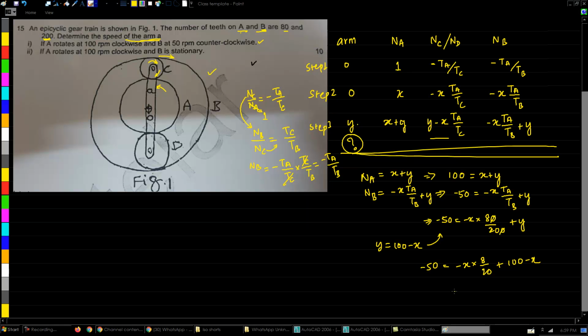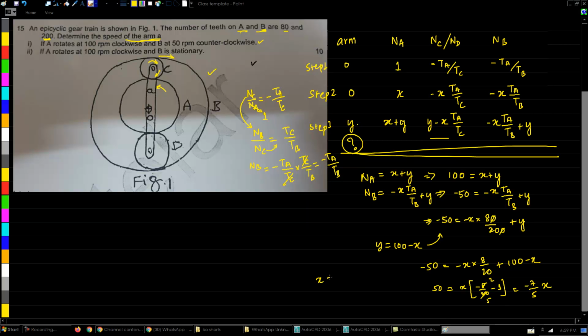Then we'll have to solve it. 100, if you send this side, 100 minus 50, we'll just get 50 over here, and x, if you take it common, we will be left with minus 80 by 200 minus 1. So we'll have to solve this out. 80 by 200 is 2 by 5. So both we need to add. 2 plus 5 is 7, so minus 7 by 5 times x is what we get.